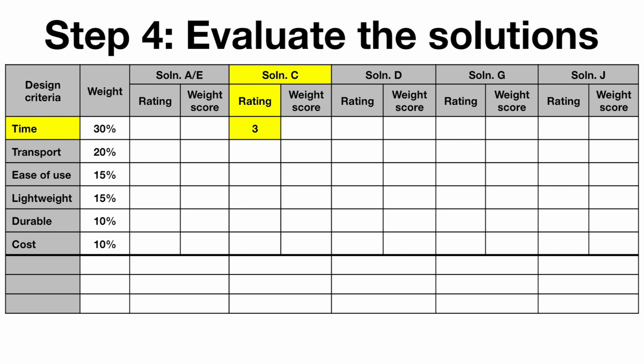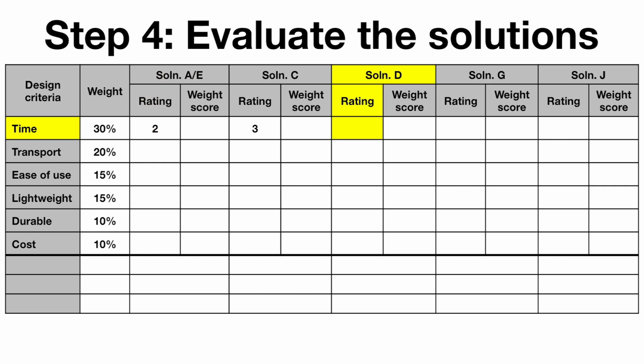Considering feeding time for solution AE, we predict that that will require 2 discrete movements: scooping the food onto the spoon and then pulling a string with the opposing arm to transfer the spoon to the mouth. Therefore, we think solution AE will be rated as a 2 for feeding time.